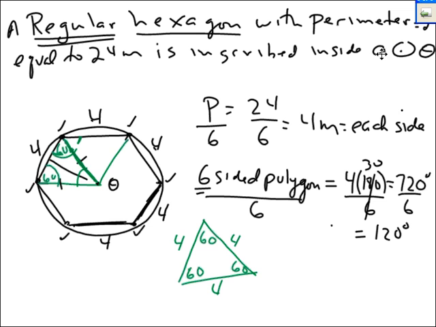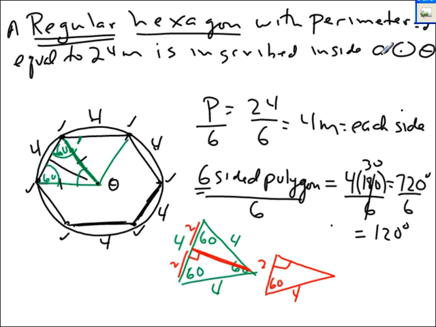Okay? But I want to cut it in half. This is a right angle. That means this is 2 and this is 2. Let's look at the bottom half. Right angle, 60 degrees, 2 and 4.